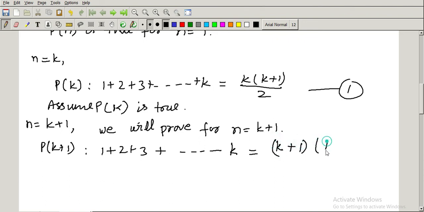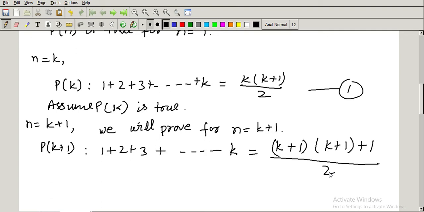Here we have k replaced by k plus 1, right? What we have done is that we have put k plus 1 in place of k. ओके, तो k की जगह पे हमने k plus 1 लिखा है और कुछ भी नहीं, k हो जाएगा आपका k plus 1, ये भी k हो जाएगा k plus 1 and then this one will be plus 1 by 2.